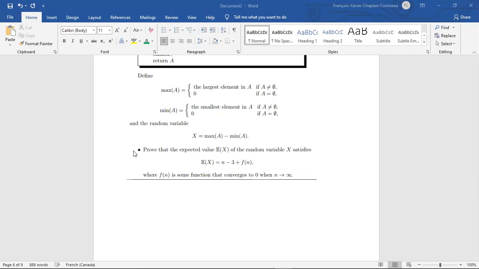Here, just focus on finding the expected value. That should be your focus. And for those that did a bit of math, what we're essentially doing here is finding a Taylor series of this function. So we'll see what we need to use.